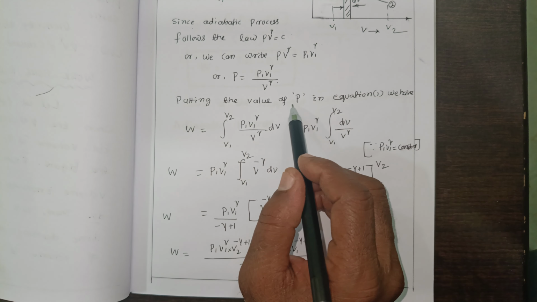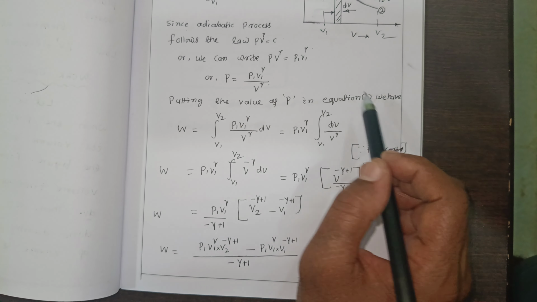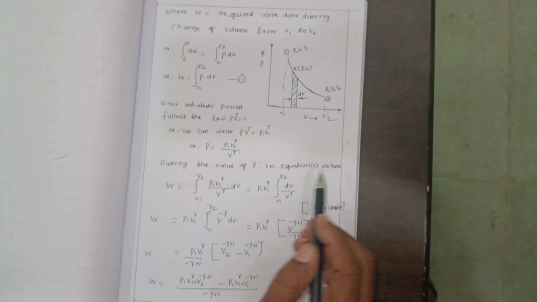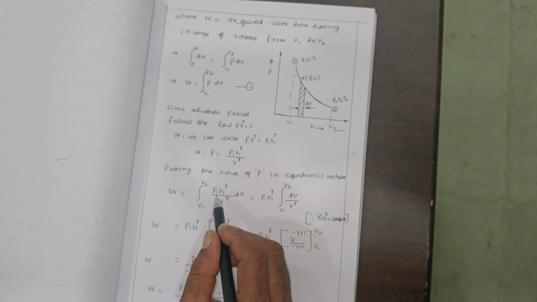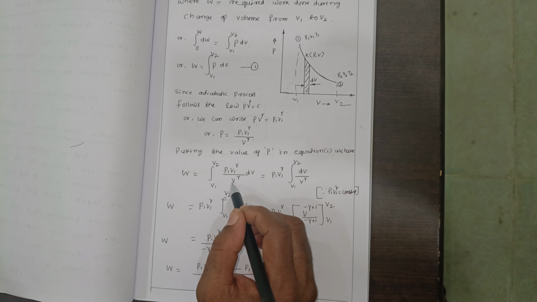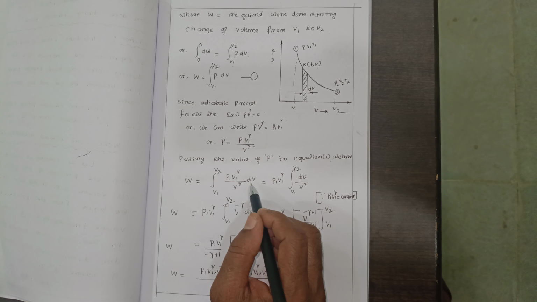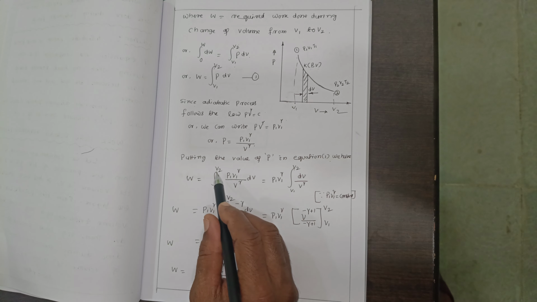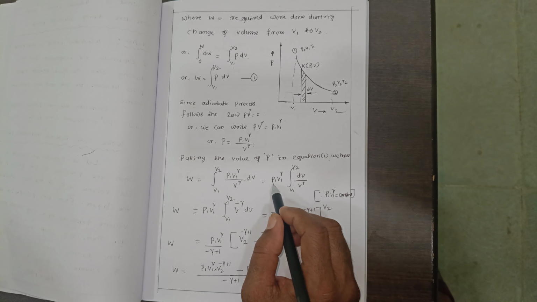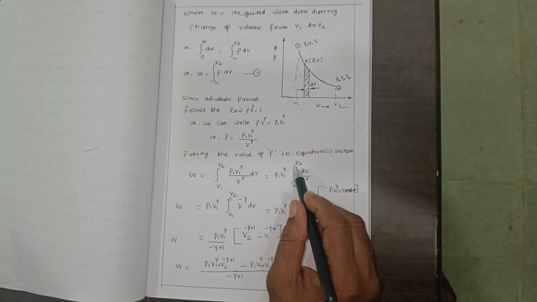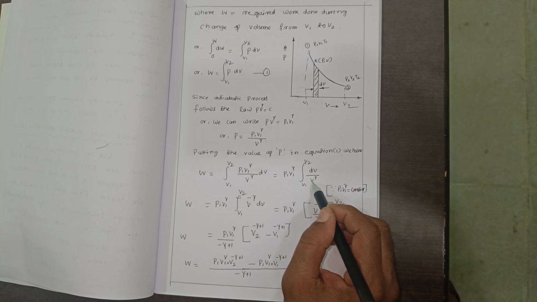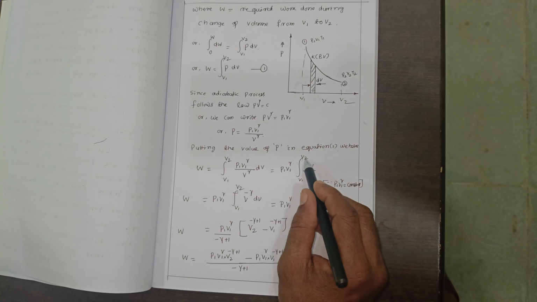Putting the value of P in equation 1, in this equation we have to put this value of P. We have W is equal to integral of P1 V1 to the power gamma divided by V to the power gamma dV with the limit V1 to V2, is equal to P1 V1 to the power gamma times integral of dV divided by V to the power gamma with the limit V1 to V2.